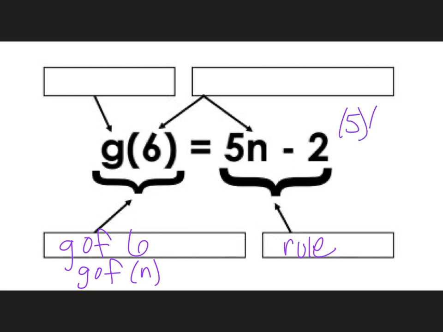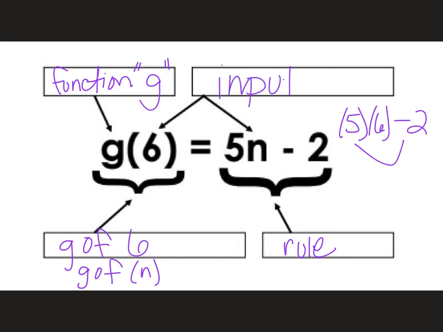So we would have 5 times 6 minus 2, and we would solve from there. So this is a function g. And again, this is where the input comes into play. Okay?